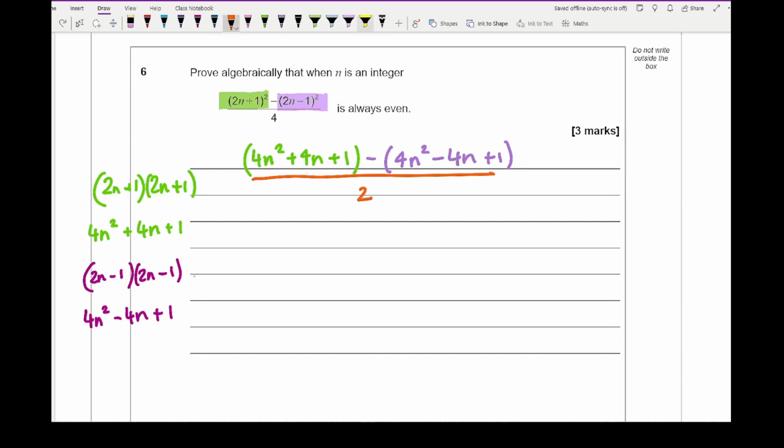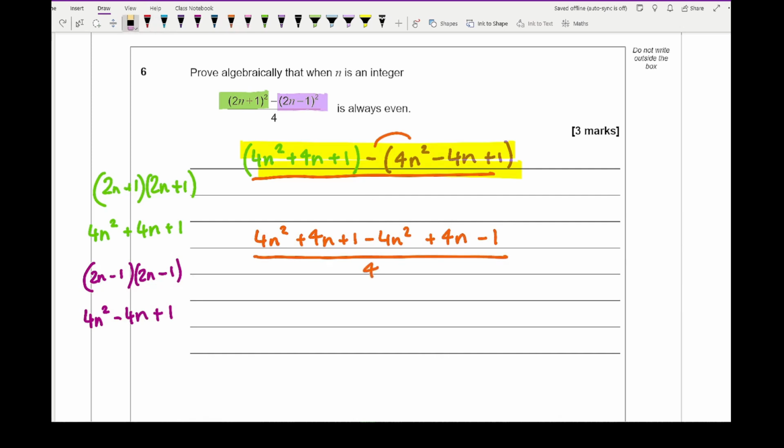Now if I look at this numerator here, I end up with 4n² plus 4n plus 1. Now you've got to be careful with the minus, so that becomes minus 4n² plus 4n minus 1, and that's all divided by 4. I don't know why I wrote 2 there, so let me just quickly correct that. There we go.